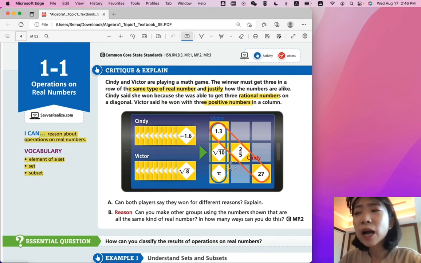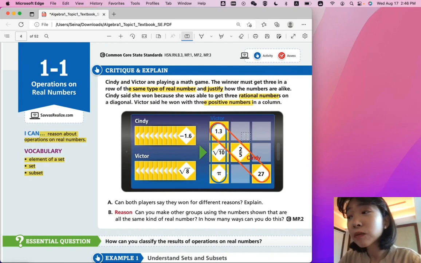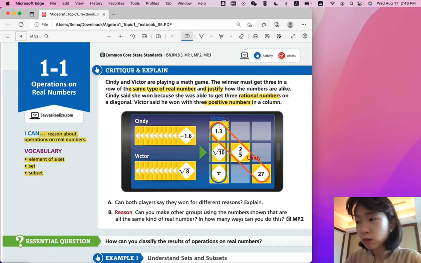Is an irrational number also included in the real numbers? Yeah. So irrational numbers and rational numbers are all included in real numbers. And they're all positive numbers. Positive numbers are real numbers. So, is Victor correct?